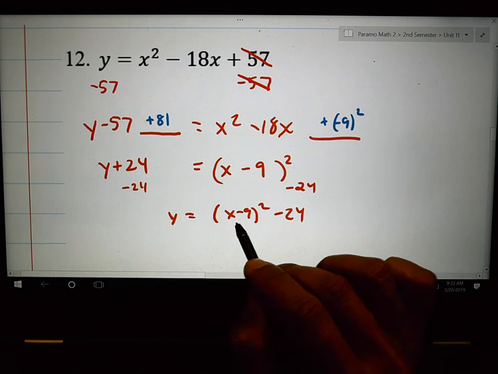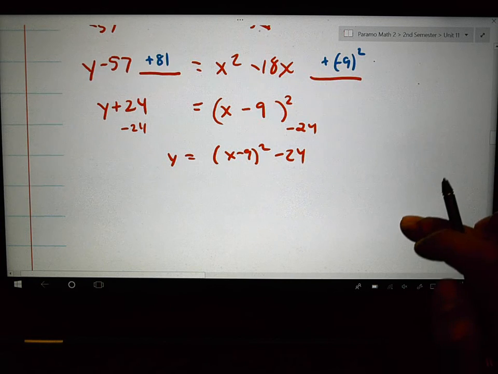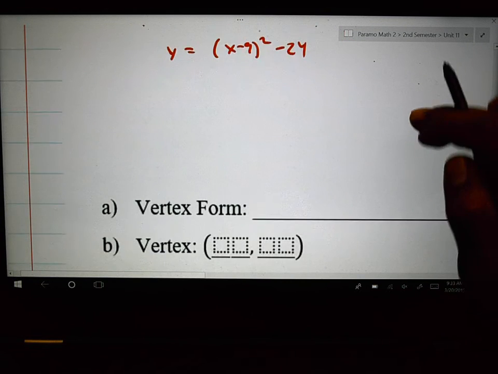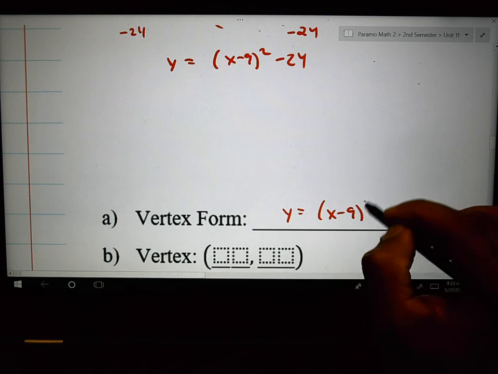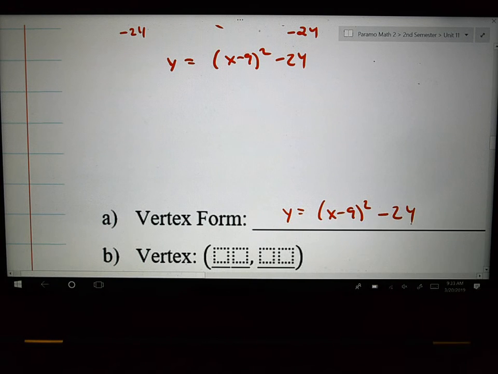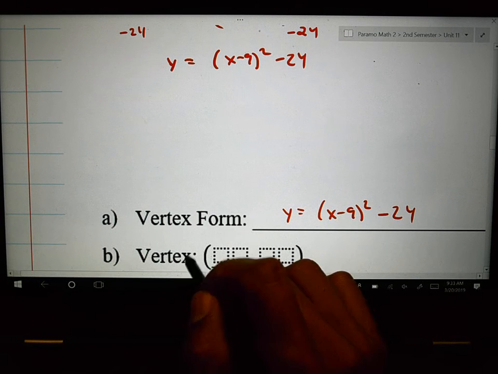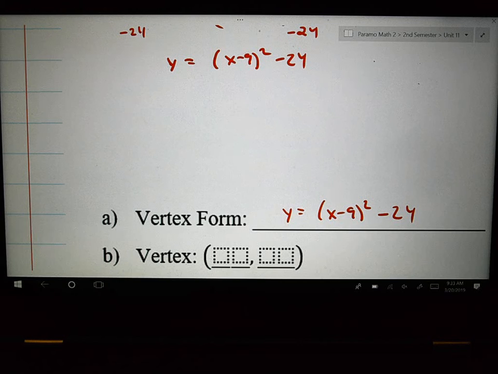Opposite, same. That way we can plug this into our final answer. And now we know what the vertex is of this parabola.